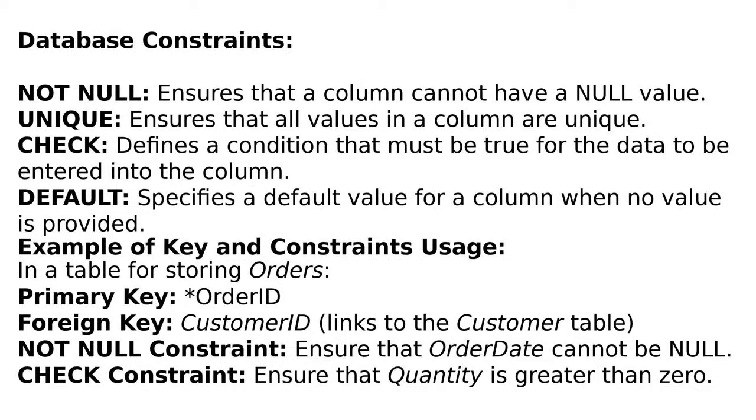If the person did not state the date, you cannot store this order. Then check ensures that quantity is greater than 0. So what you put in check is greater than 0, so that it doesn't take less than that. So this is just an example of these statements.